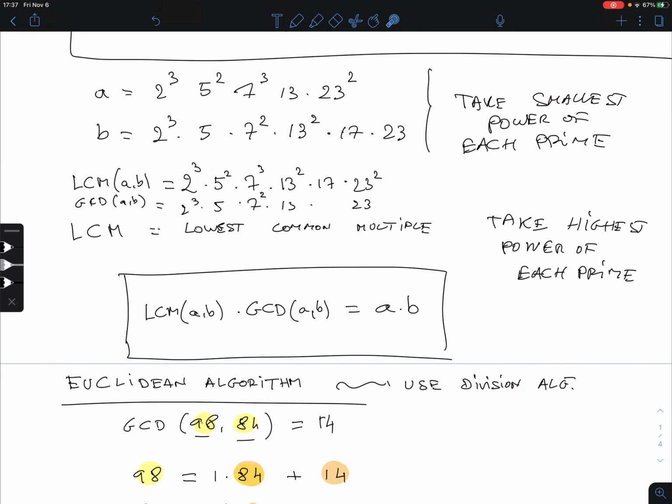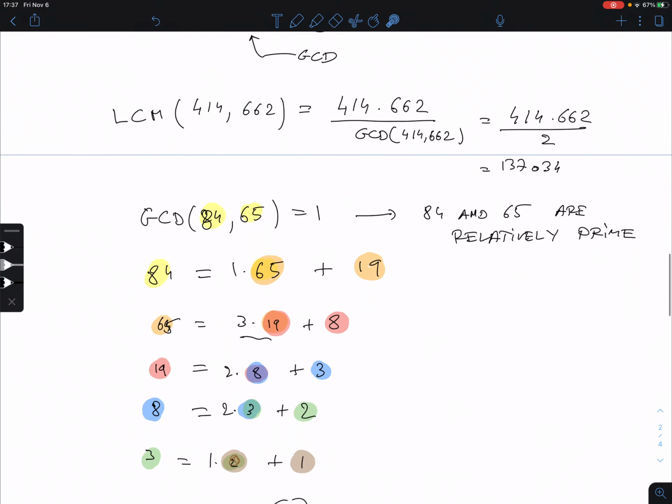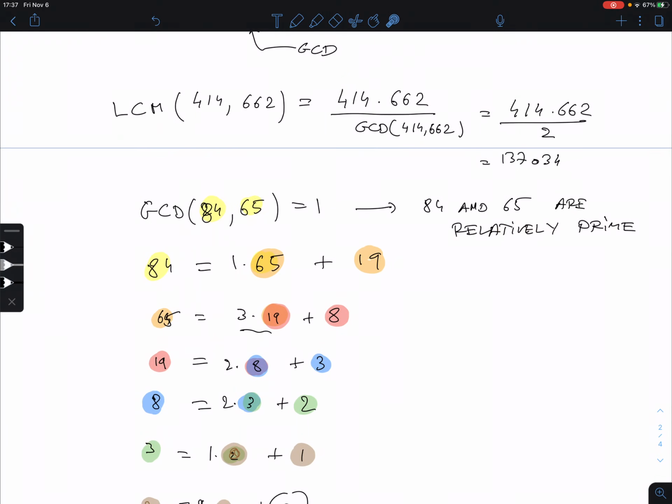For every prime that occurs in both numbers, it will show up in the GCD. But if the GCD is 1, that cannot be. So relatively prime means that the primes that occur in the prime decomposition of 84 are completely different from the primes that occur in 65. That is what relatively prime means. And that's an important concept.